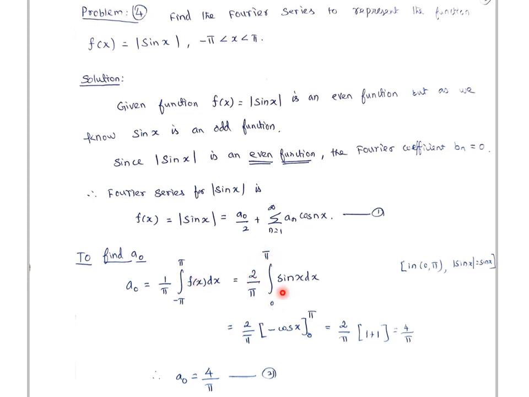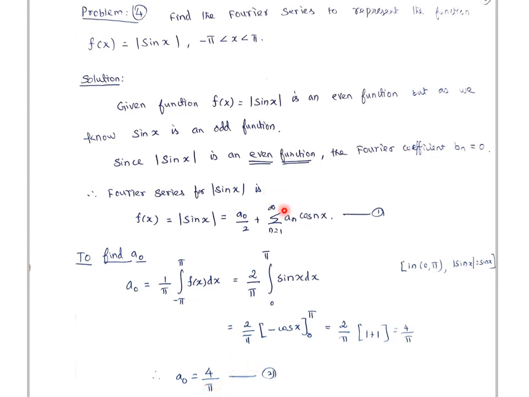Here the region is from 0 to pi, therefore mod sin x will become simply sin x into dx. Therefore, after integrating and applying the limits, we will get 4 divided by pi as our value a0. a0 equal to 4 divided by pi.